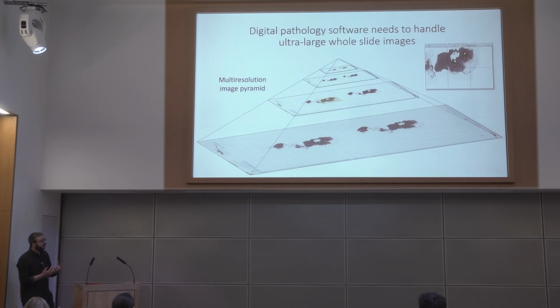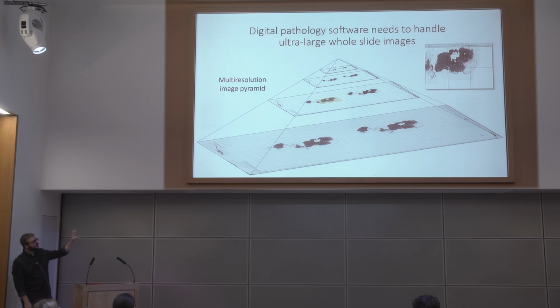And if you've got a computer with maybe 8, 16, 32 gigabytes of RAM and you have an image that's 60 gigabytes, then clearly you can't open the entire image in one go because you're going to run out of memory. But in a way which it can work in this sort of Google Maps type way, inside the image file in pathology, the same image data is stored at multiple resolutions and divided into these little square tiles.